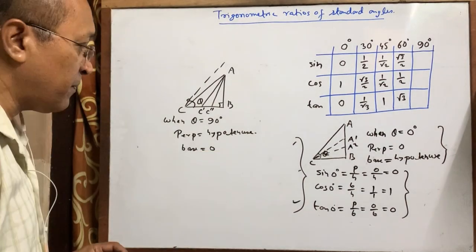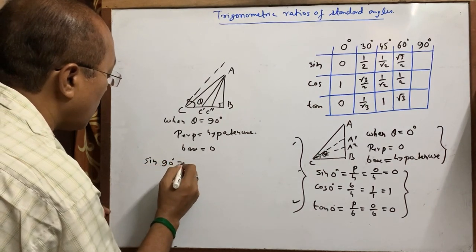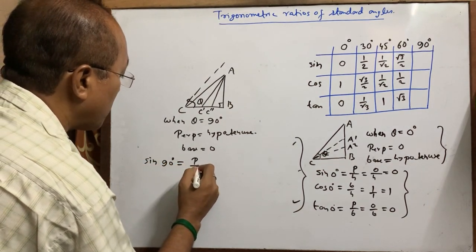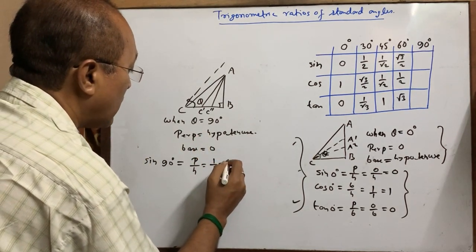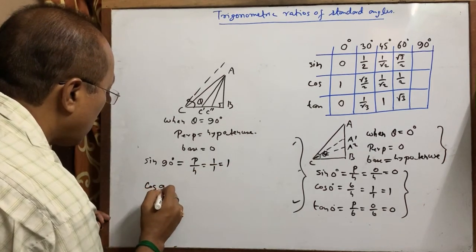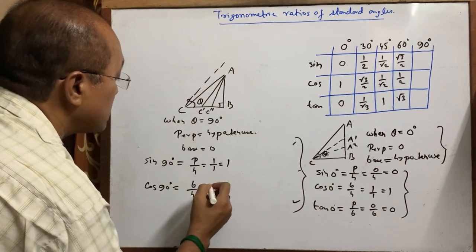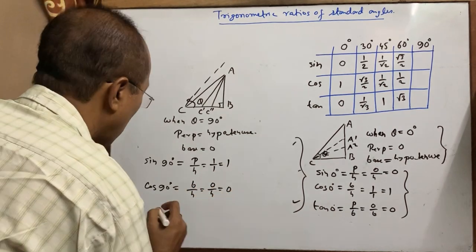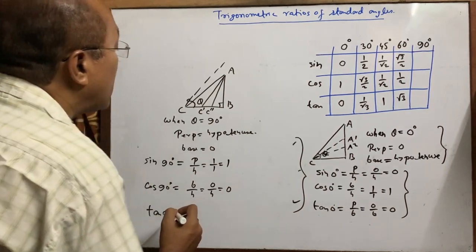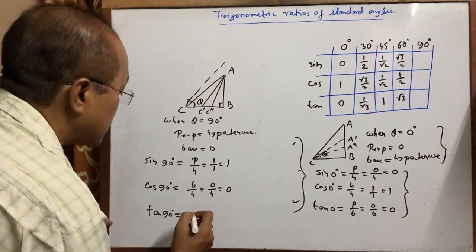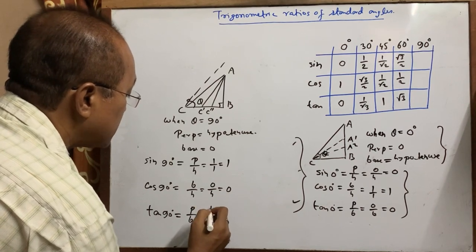So then sine 90 degrees is perpendicular by hypotenuse. It means 1 by 1, that is 1. Cos 90 is equal to base by hypotenuse, base is 0, so ultimately 0, and tan 90 is perpendicular by base, where the base is 0.